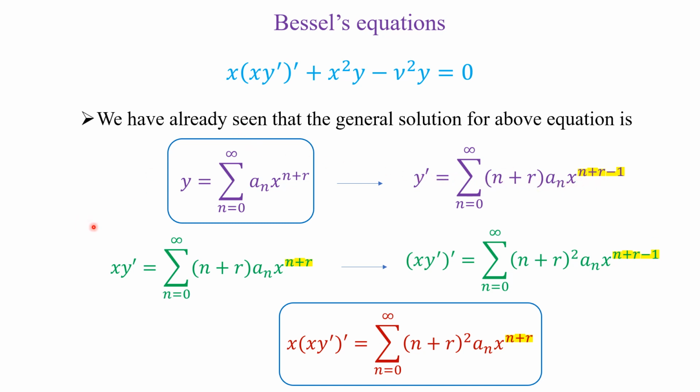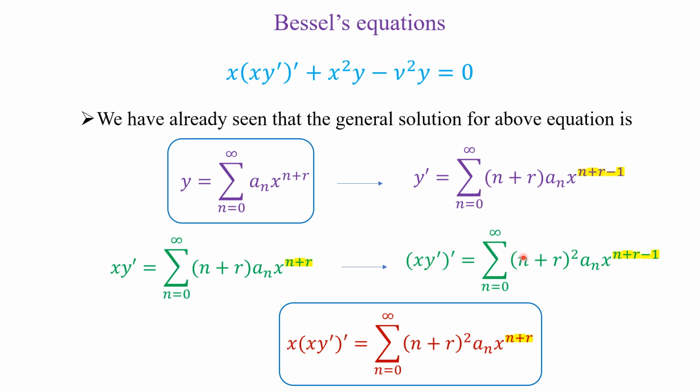Then our task is to find x y prime. x y prime, you just multiply this by x, that is y prime times x. So naturally x into x power n plus r minus 1 will become simply x power n plus r because you are multiplying by x. So the power minus 1 will go away. Now you take the derivative of this one. So that is our next task.